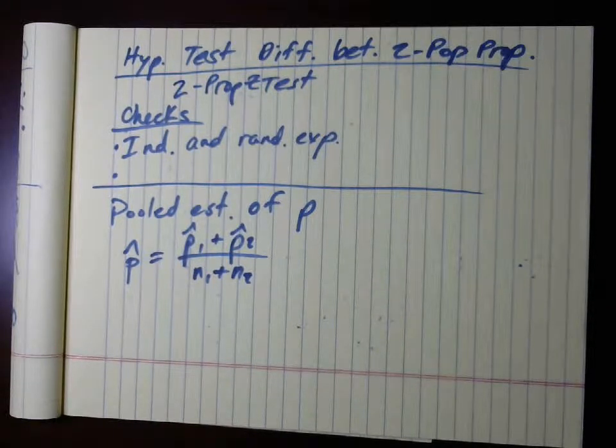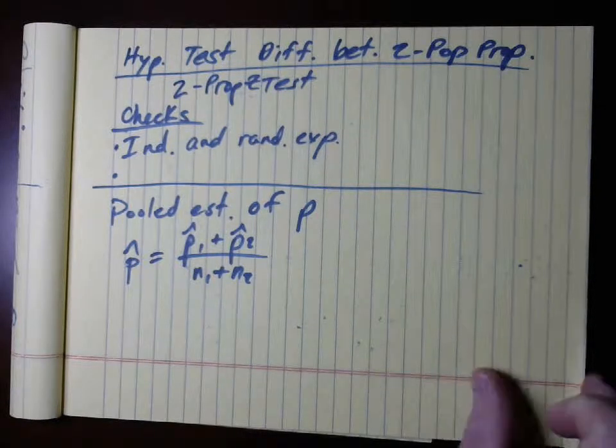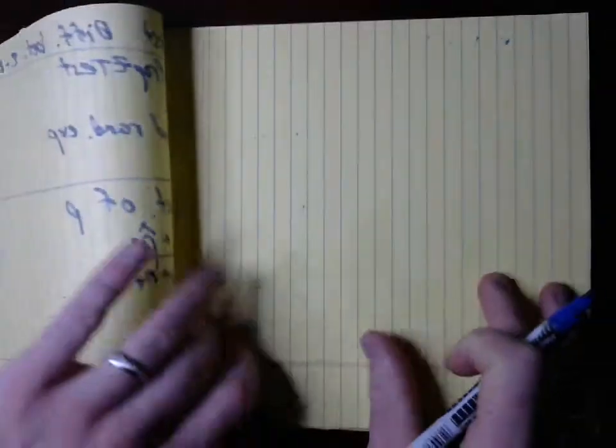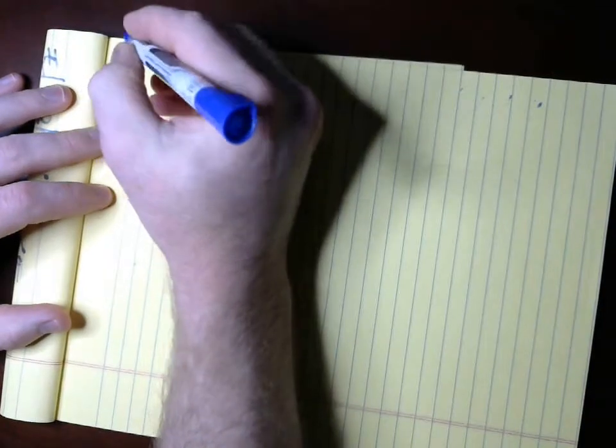So I want to go directly into an example, and a good example to start out with is number 23 on the section 11.1 exercises, the one with the bolded number, tattoos. Let's go into that example.